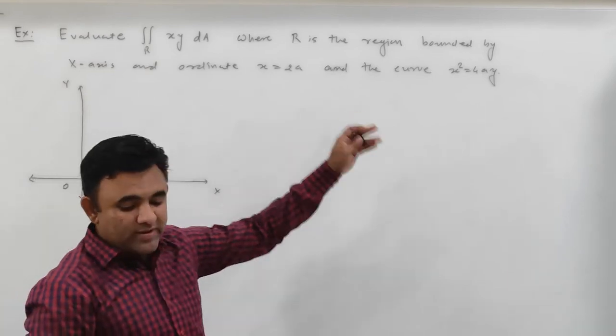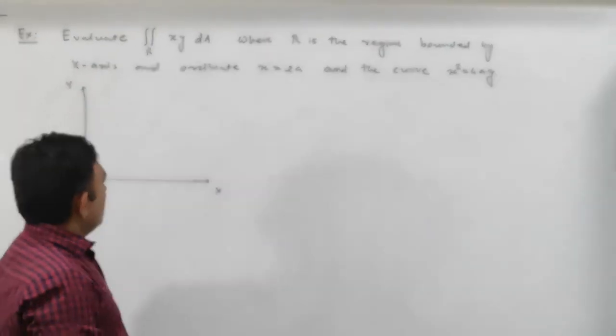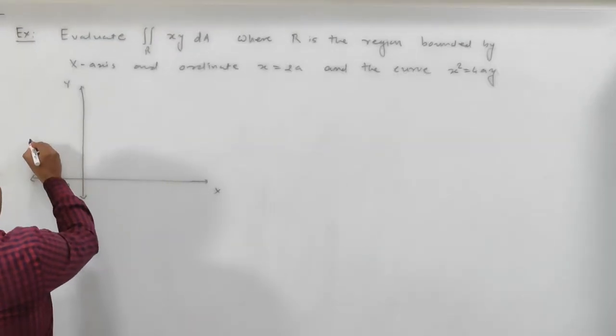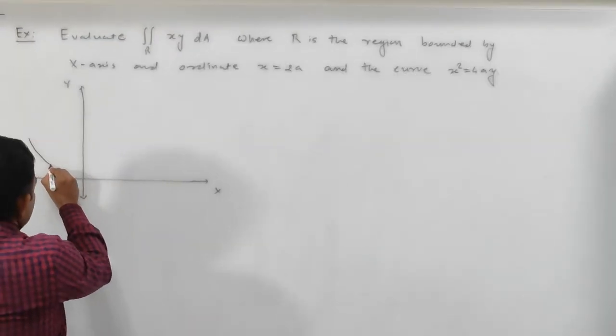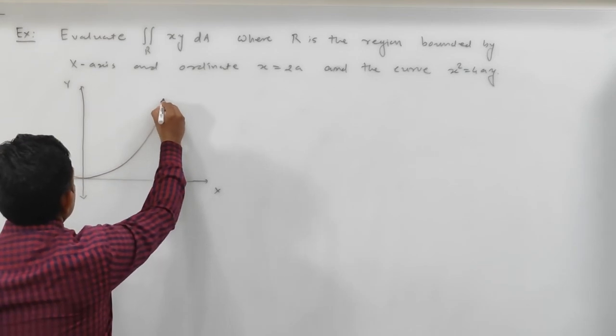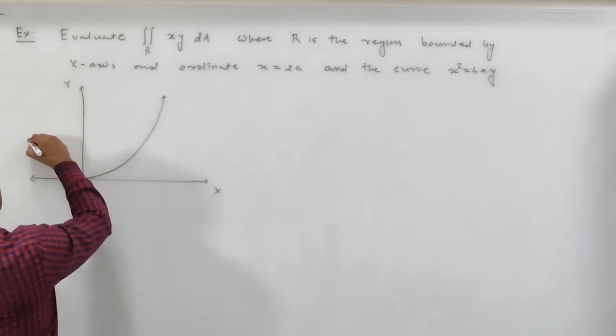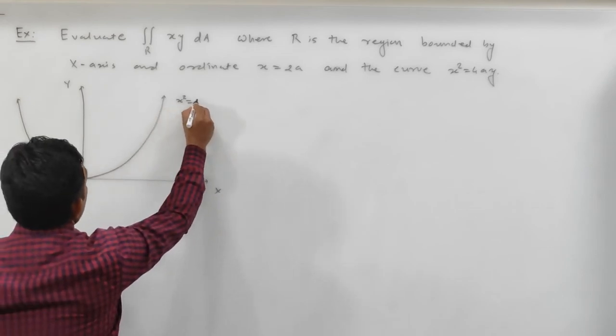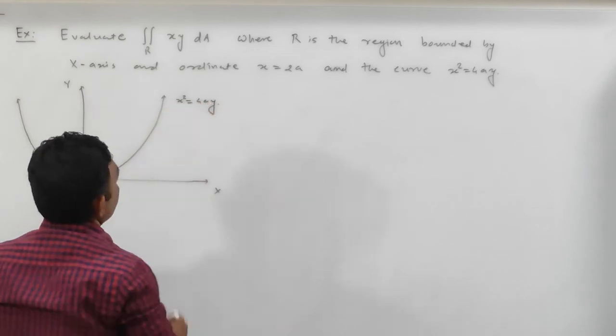Now x square is equal to 4ay, so it is a parabola. The shape of the parabola will be like this: x square is equal to 4ay.